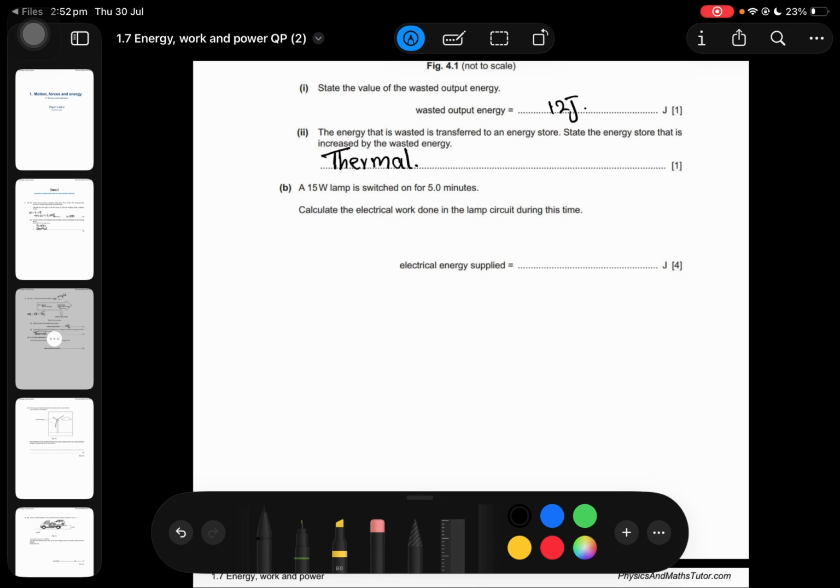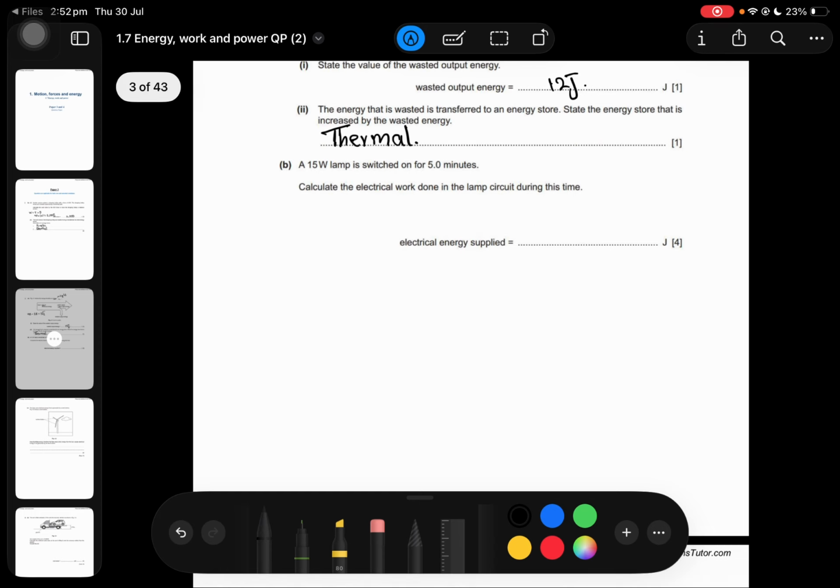A 15-watt lamp is switched on for 5 minutes. Calculate the electrical work done in the lamp circuit during this time. So first we know the power formula: power is equal to energy divided by time.